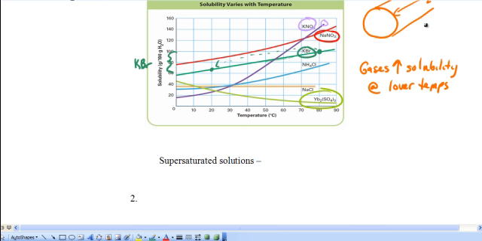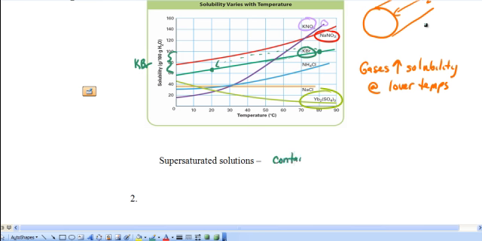If you don't, and you don't disturb it, you can actually get that temperature to drop down without having those crystals come out. So even though you should only have about 60 or 70 grams of KBr in the solution, you can actually maintain 100 grams if you do not disturb it. In that case, you have what's called a supersaturated solution.